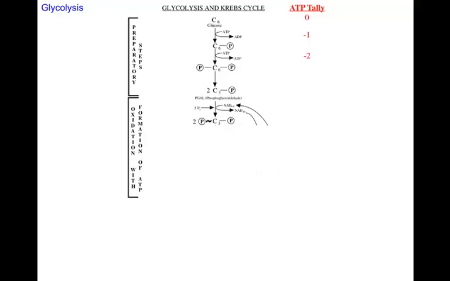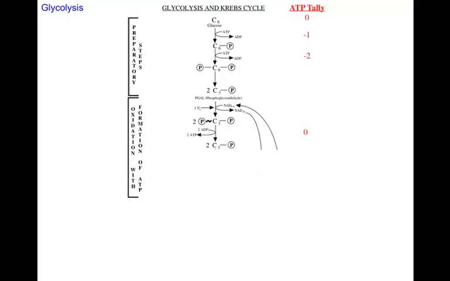So this will be a coupled reaction, where breaking off this phosphate group releases more energy than is needed to produce ATP from ADP and phosphate. The result is a negative delta G reaction. It's actually two coupled reactions: the breakdown of this 3 carbon fragment with 2 phosphates on it, and the production of ATP from ADP and a phosphate group.